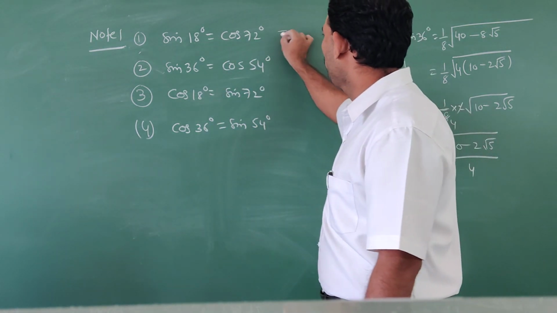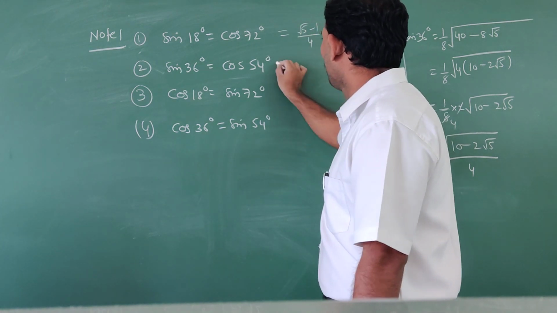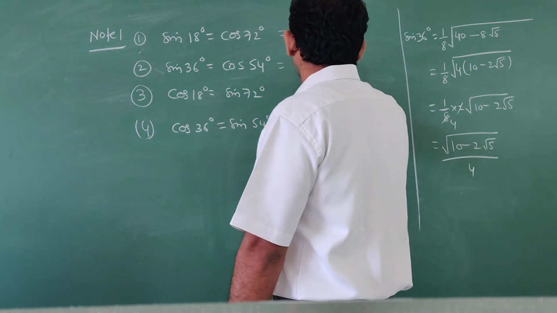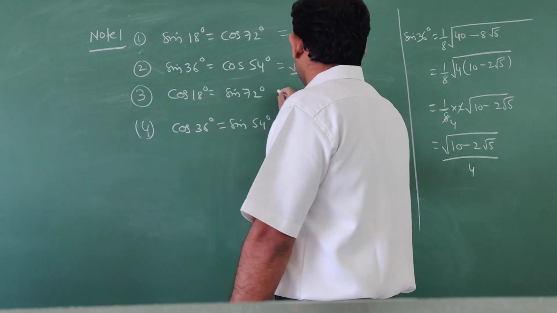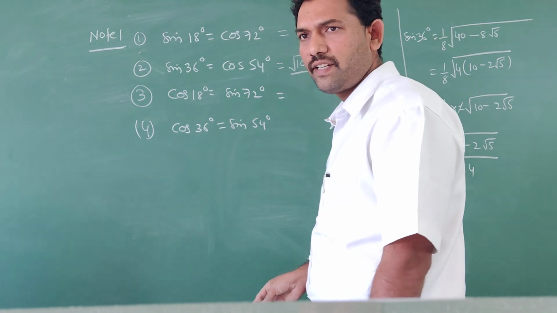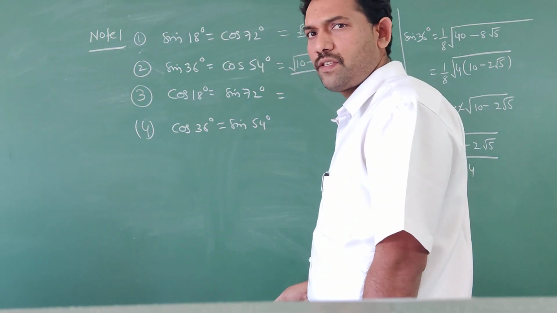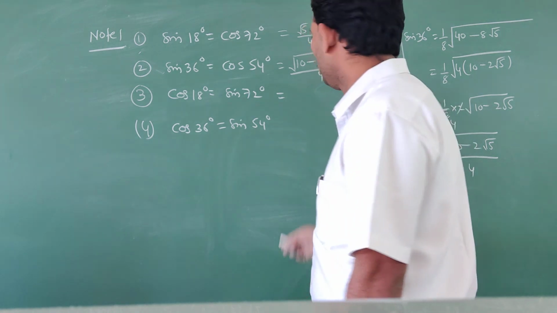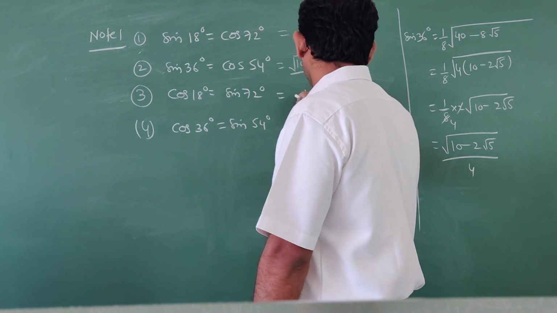Whatever sin 18 degrees value is, cos 72 degrees value is also the same. So how much is this value? Root 5 minus 1 divided by 4. How much is sin 36 we simplified? 10 minus 2 root 5 divided by 4. Next, cos 18 degrees value. Cos 18 is how much? 10 plus 2 root 5 divided by 4.